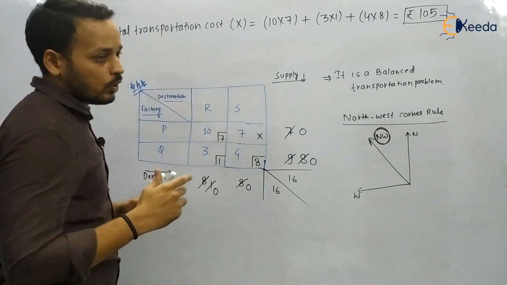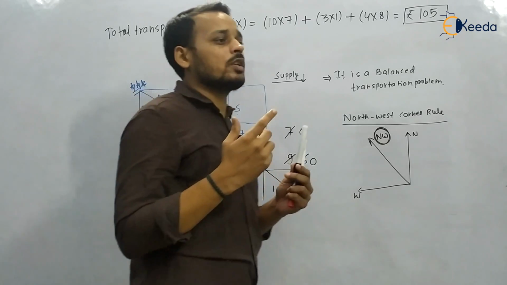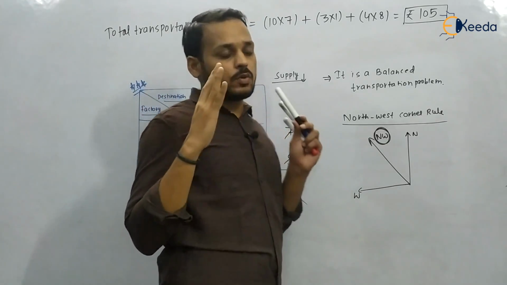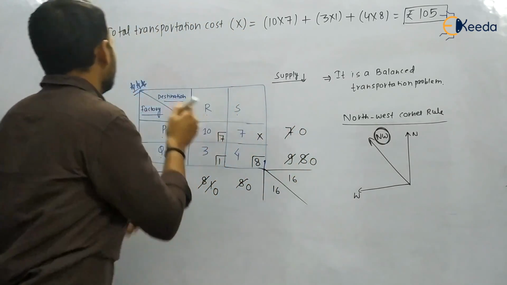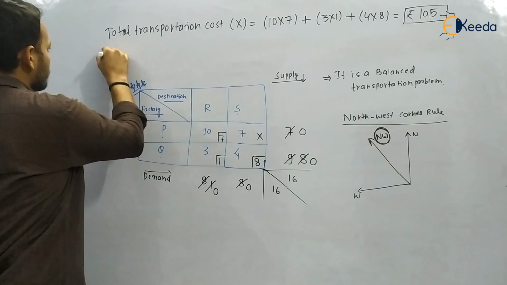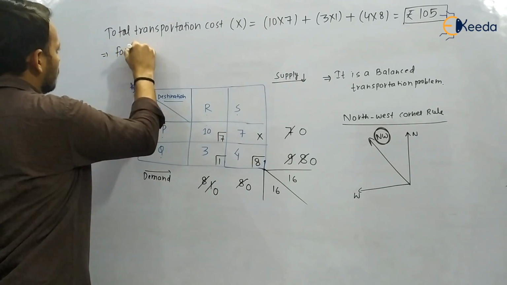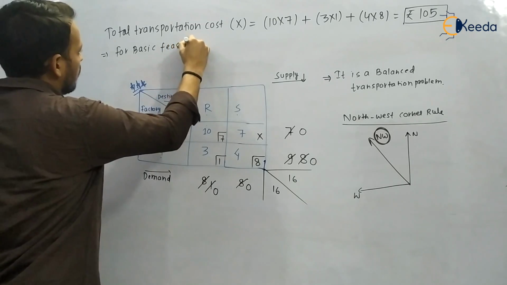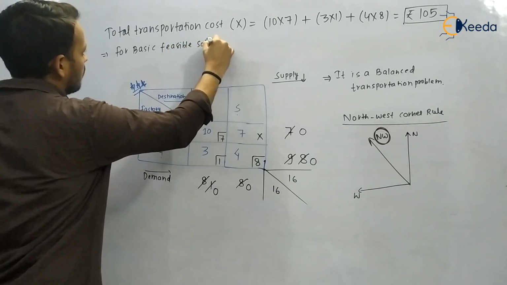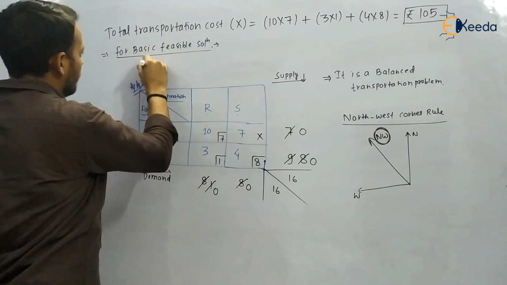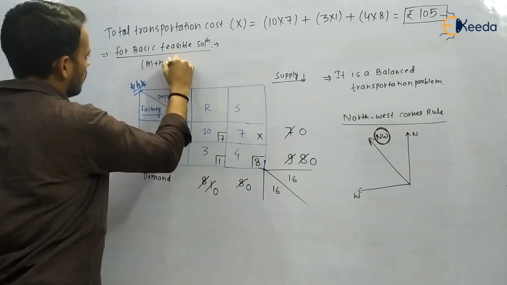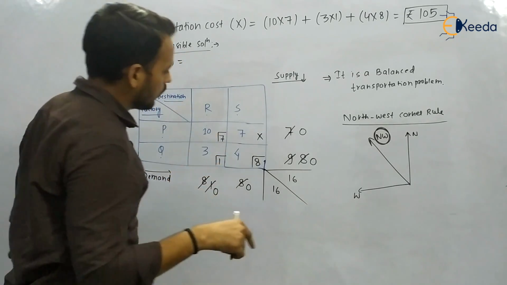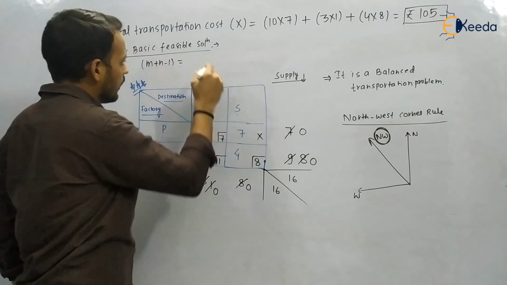So to perform the optimality test, first we have to see whether the solution is feasible or not. So for a basic feasible solution, m plus n minus 1 must be equal to the number of allocations, 1, 2 and 3. 3 allocations are there.